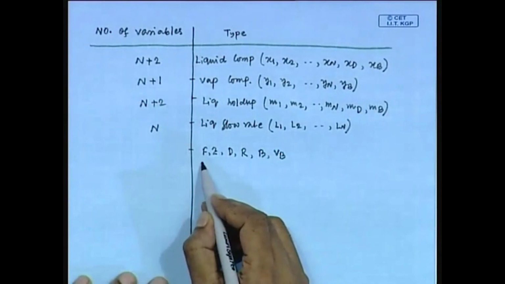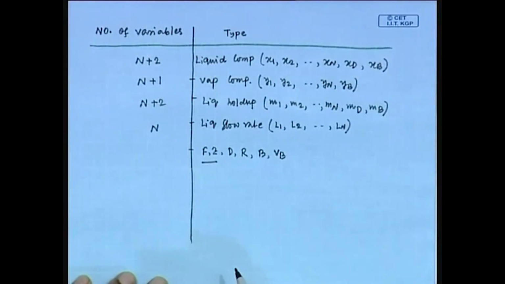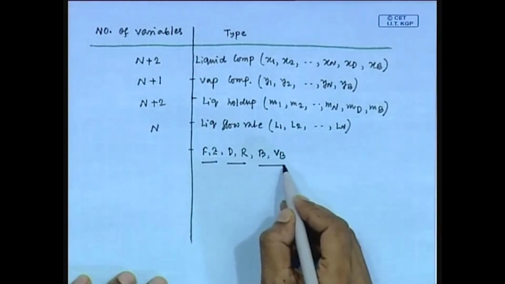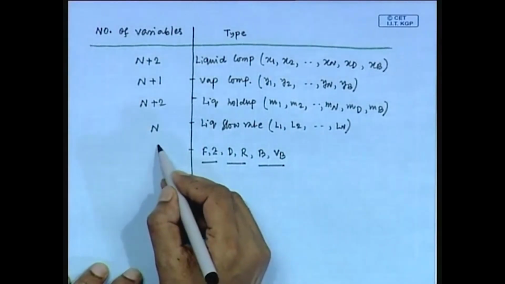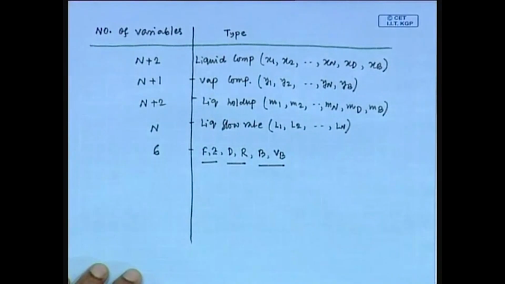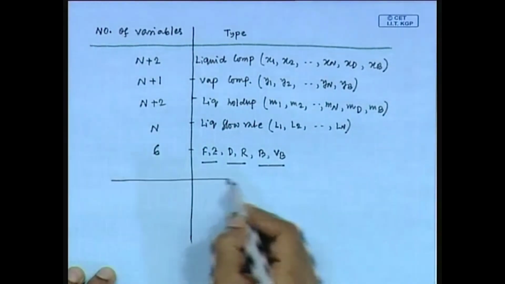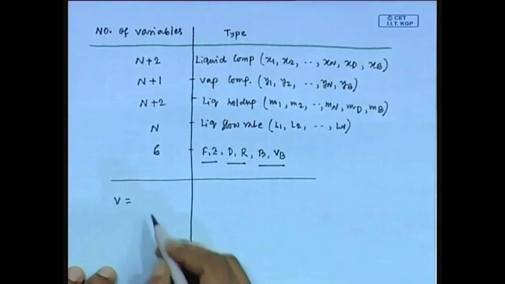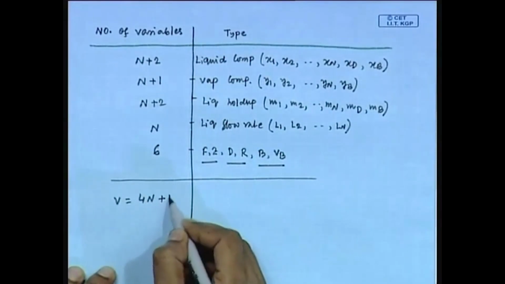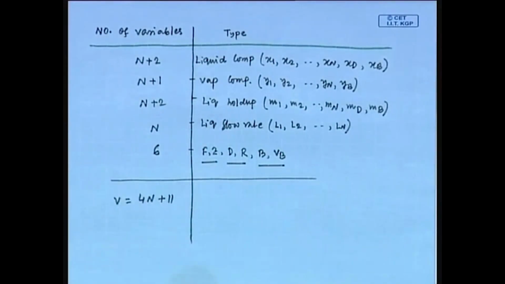So, these two are representing the feed, these two in the top section and these two we are considering for the bottom section. So, how many? 6. So, V equal to how much? 4n plus 11. We got E equal to 4n plus 5 and we have just calculated V equal to 4n plus 11.